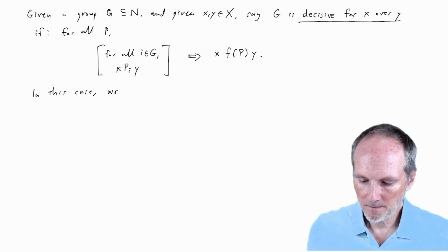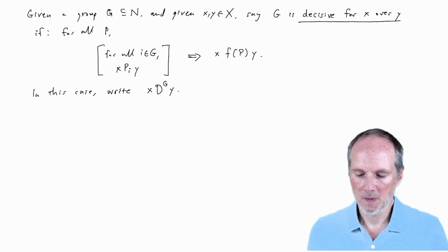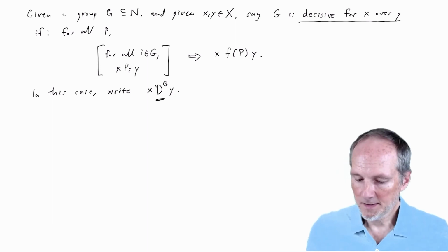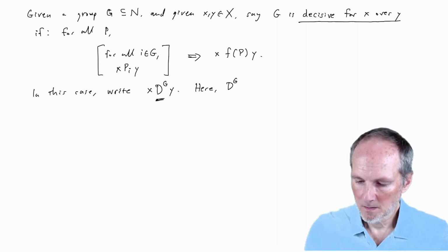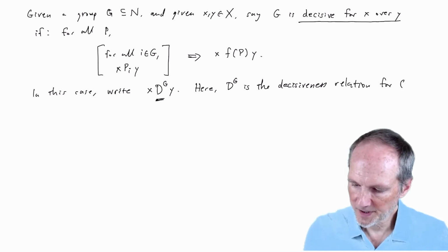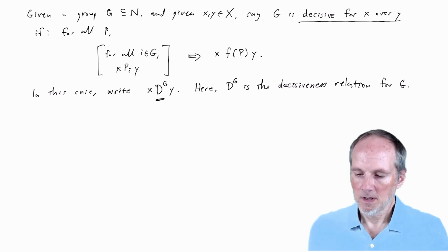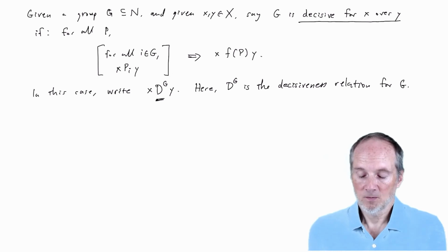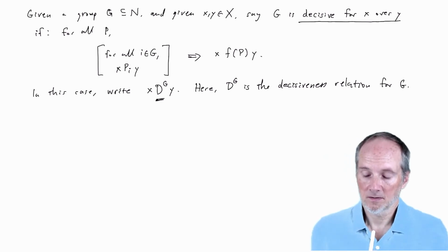In this case, we're going to use this notation, X D_G Y. So this D_G thing here, you can think of as the decisiveness relation for the group, for G. It's a binary relation, and it's basically a list that tells us which alternatives, or which pairs of alternatives, the group is decisive for.